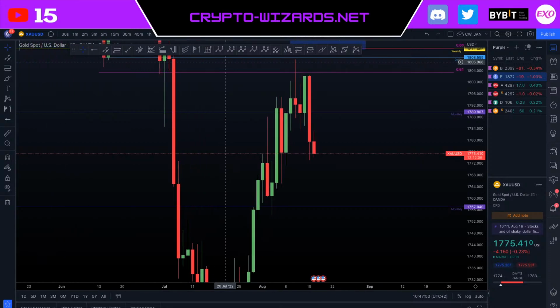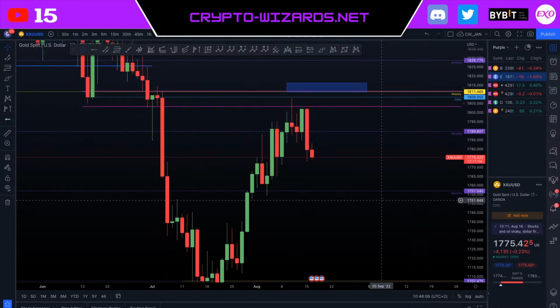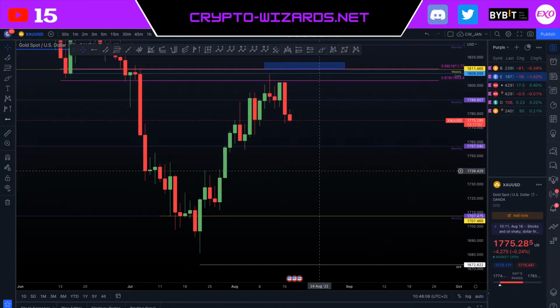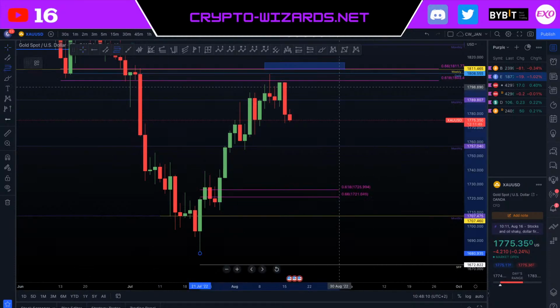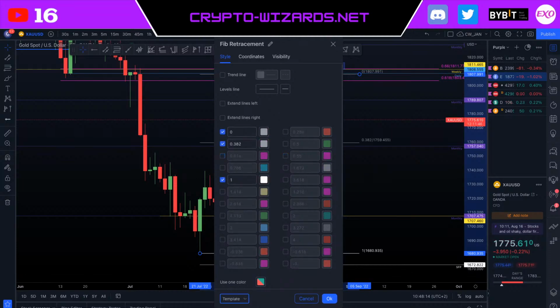So I'll be looking for this daily to be hit, but be cautious here since it's like a front run already. Then we have this daily 1760. That would be the next possible level where I would be looking, but this one looks better.